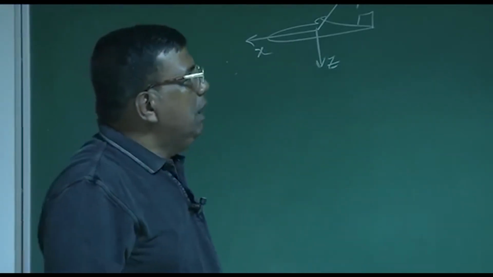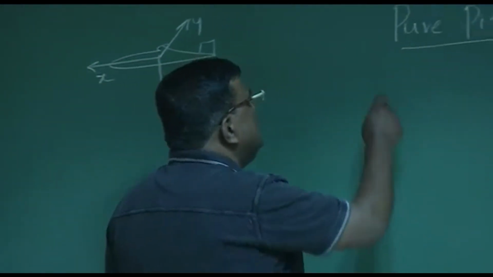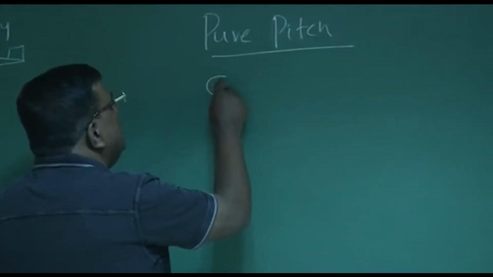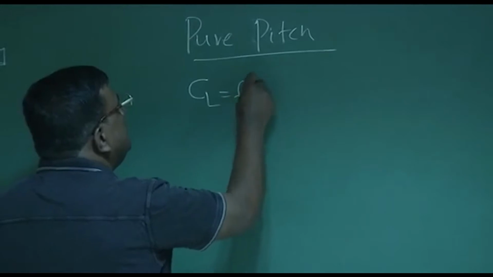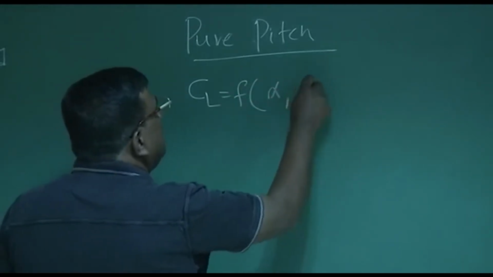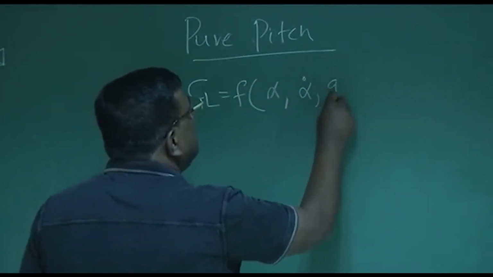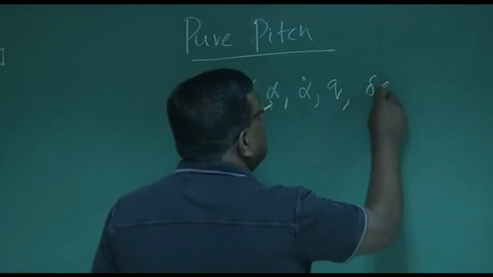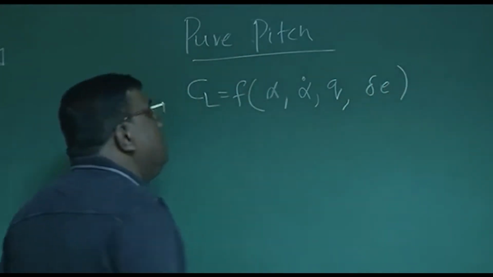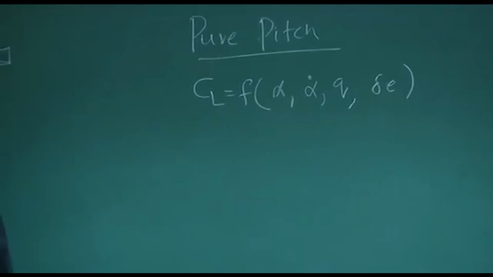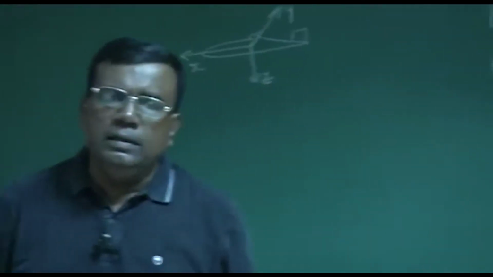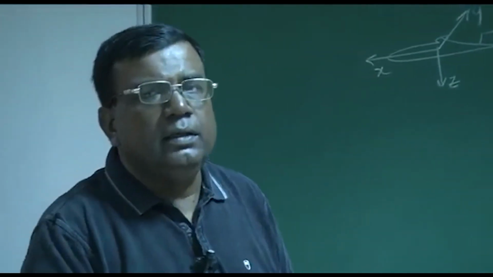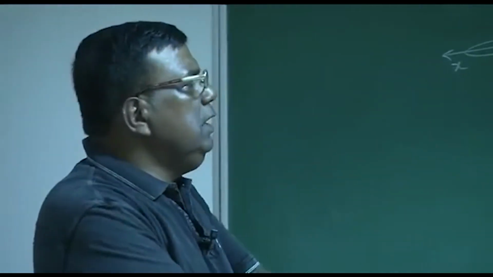Okay? And we know by now that CL is a function of alpha dot, q, delta E. For a highly maneuverable airplane, you can see that CL will be a function of other state variables also.